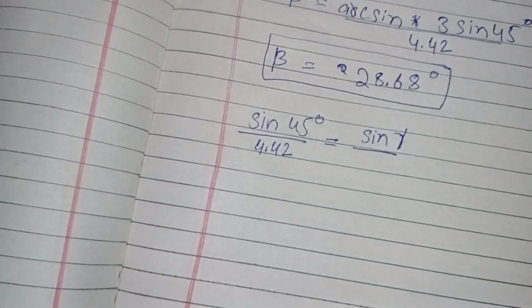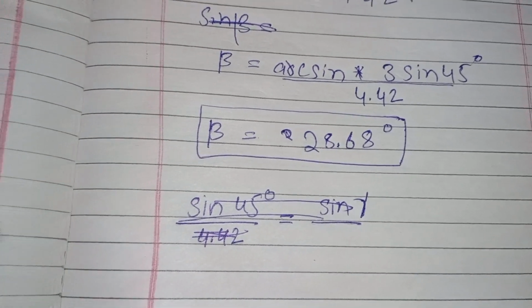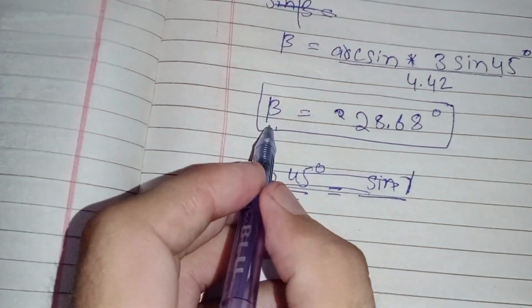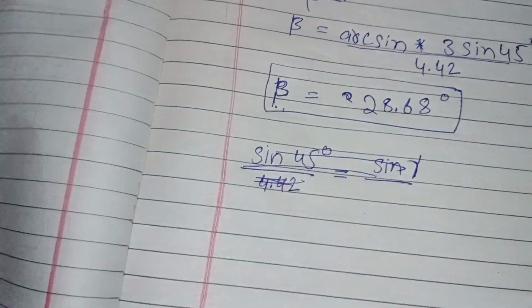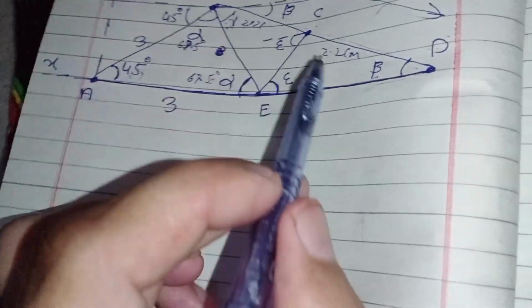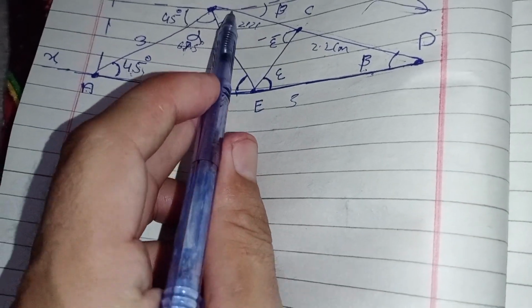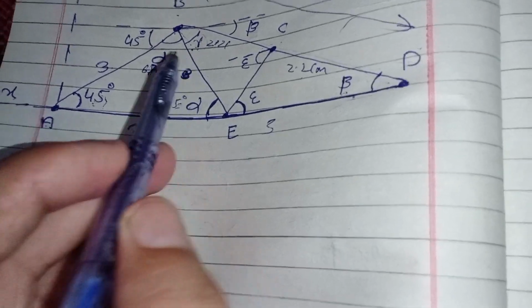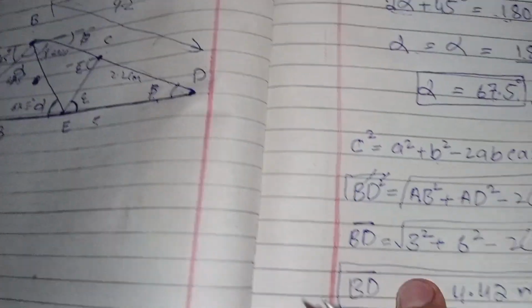Now angle beta is found, and angle alpha is found. Now the turn is of angle gamma. So we have to find angle gamma by this trick.